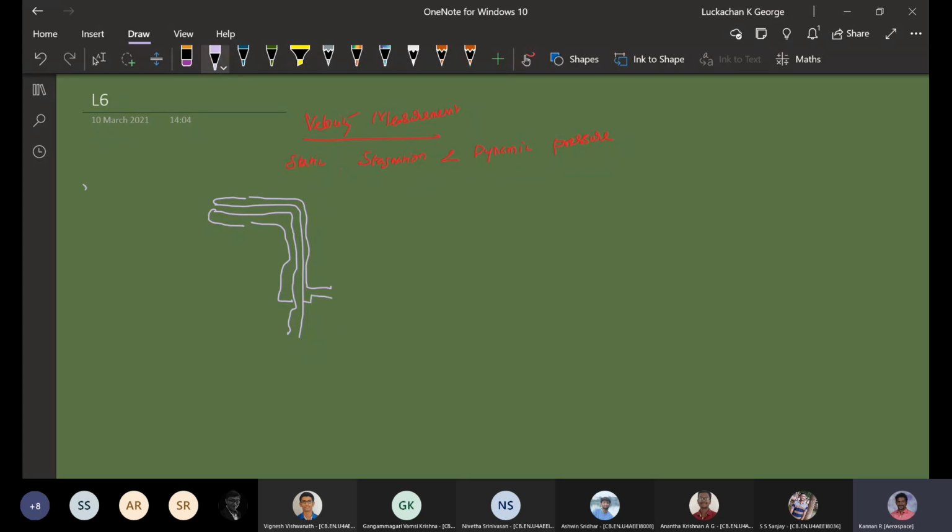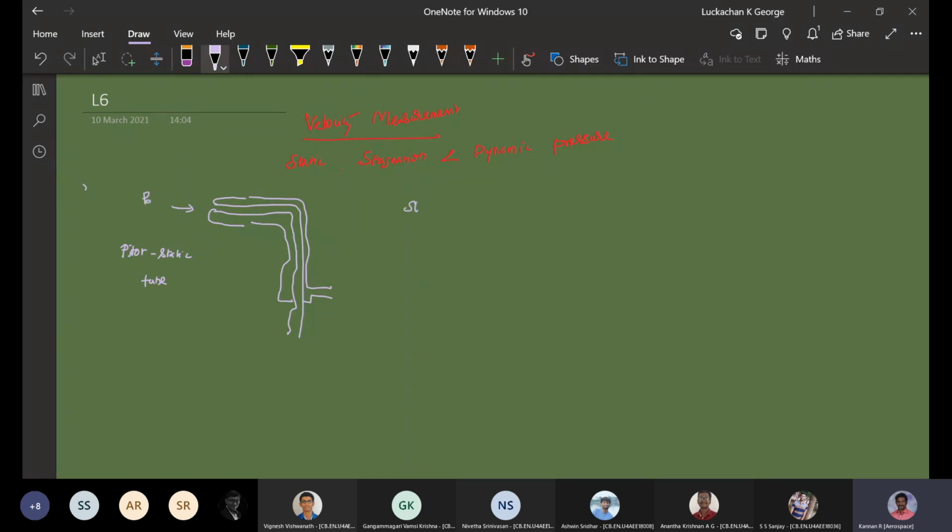In the class itself I have mentioned this already. This is called a Pitot static tube. So this is going to be your P naught.